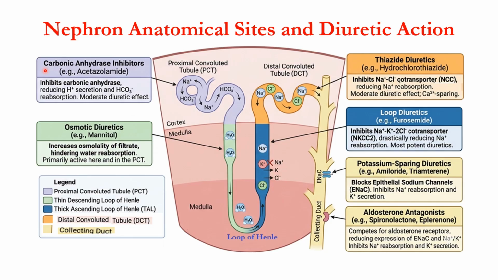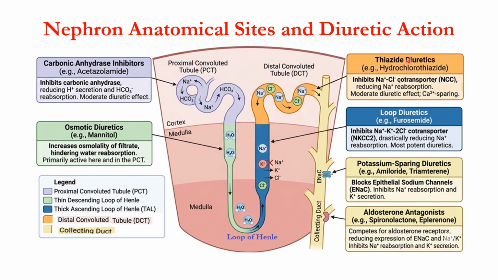Generally they have a moderate diuretic effect, acting on the proximal convoluted tubule. The other is the thiazide and thiazide-like diuretics. Even though structurally they are different, pharmacologically they are the same. They act in the distal convoluted tubules, and hence they inhibit the sodium chloride co-transporter so that they can reduce the sodium reabsorption, and hence they have a moderate diuretic effect.